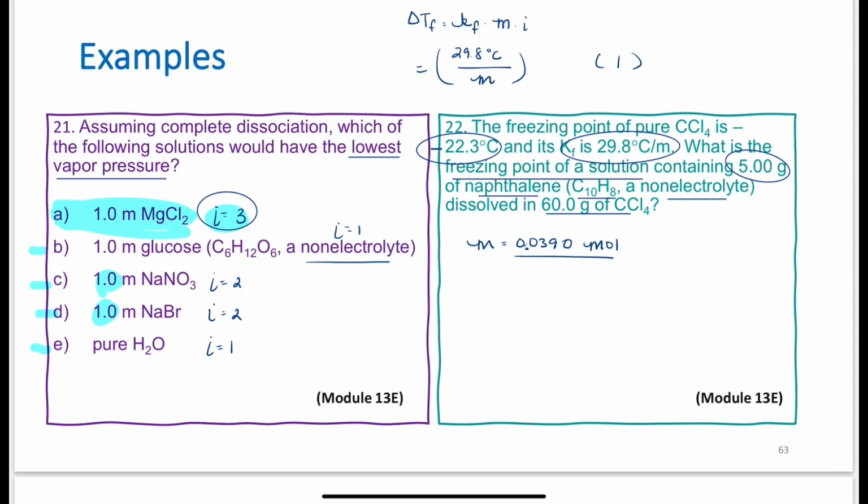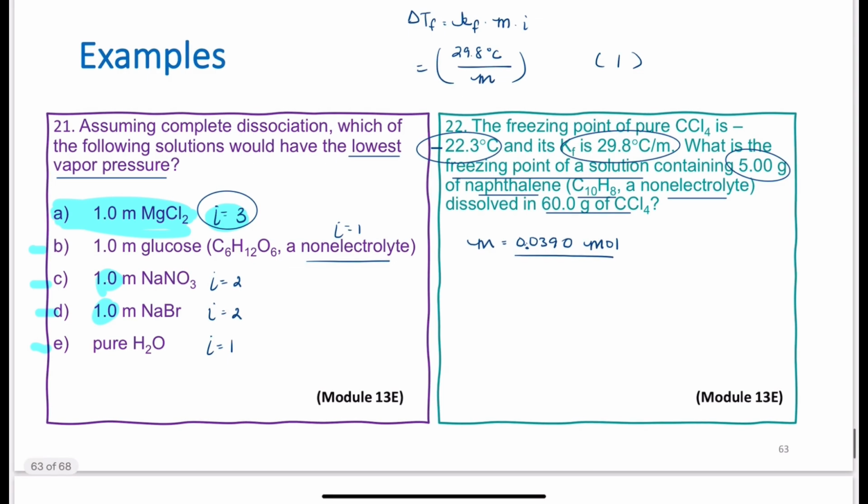I need to divide this by my solvent in kilograms. I'm told I use 60 grams, so 0.06000 kilograms of the solvent for sig fig purposes. This gives me a molality of 0.650 molal.